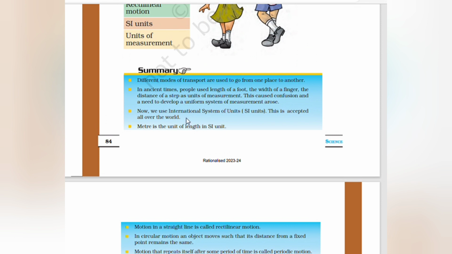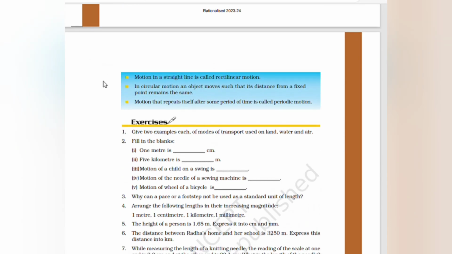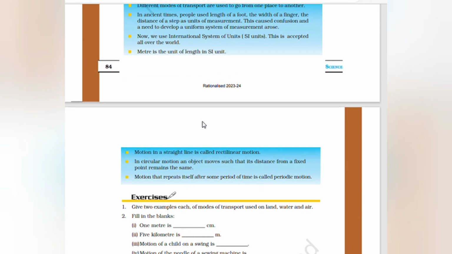Now we use the international system of units. This is accepted all over the world. Meter is the unit of length in SI units. Motion in a straight line is called rectilinear motion. In circular motion, an object moves such that its distance from a fixed point remains the same. Motion that repeats itself after some time is known as periodic motion.